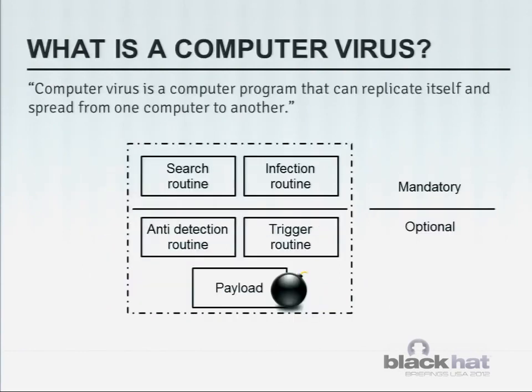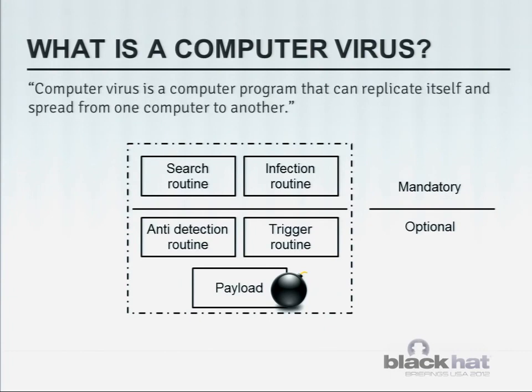As a quick introduction, people have defined computer viruses as simply a program that can replicate itself and spread from one computer to another. Very simple terms. There are a lot more complications, and we'll get into them soon. But as a start, let's say that a computer virus has mandatory components and some optional components.